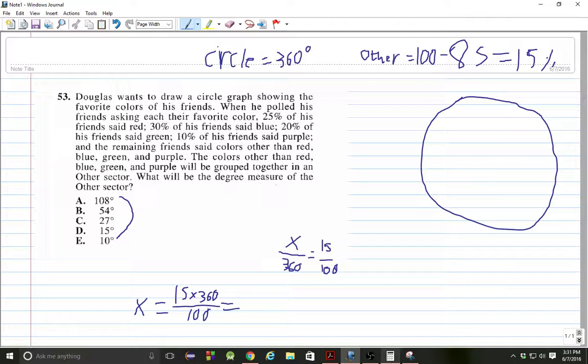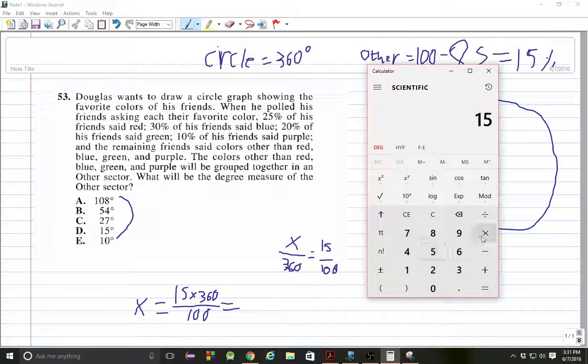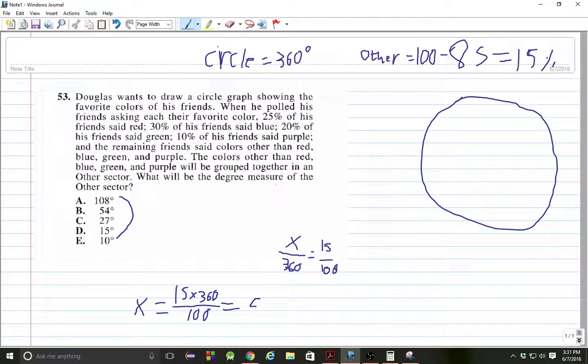And what is this? Let's just do this on the calculator. 15 times 360 divided by 100, that's 54. We get 54 degrees.